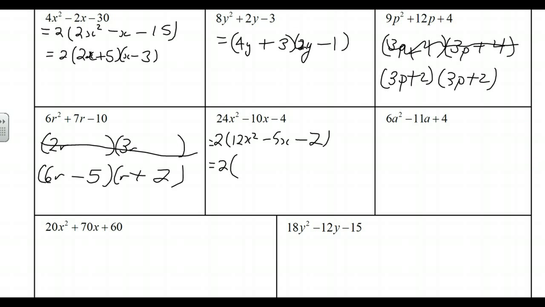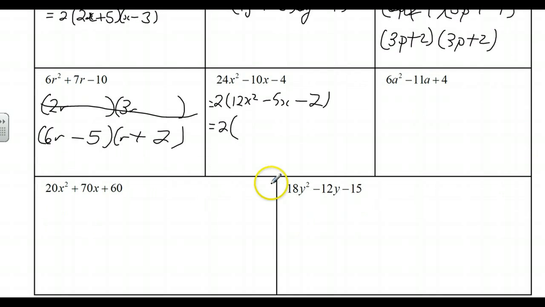And 2 is just 1 and 2. Remember, I'm looking for 5, because that's a minus. I'm looking for numbers that differ by 5. 12 and 2, no. 6 and 4, no. 8 and 3. 8 and 3 are going to do it.